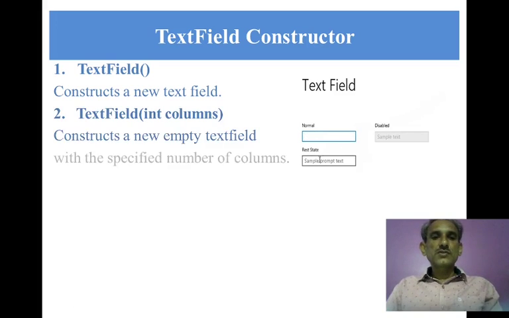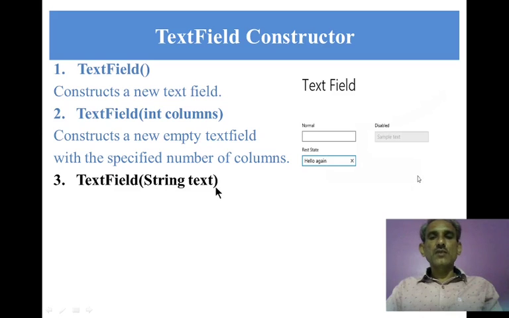The third constructor is as below: TextField(String text). If you want to create a text field which already has some specified text, look at this. In this disabled text field, there is a sample text. This sample text is the text which is specified by using the String text.